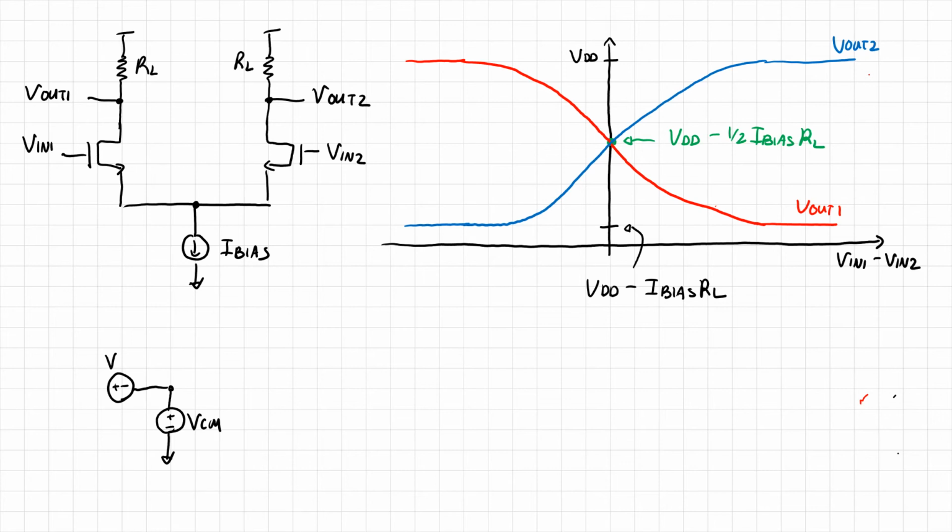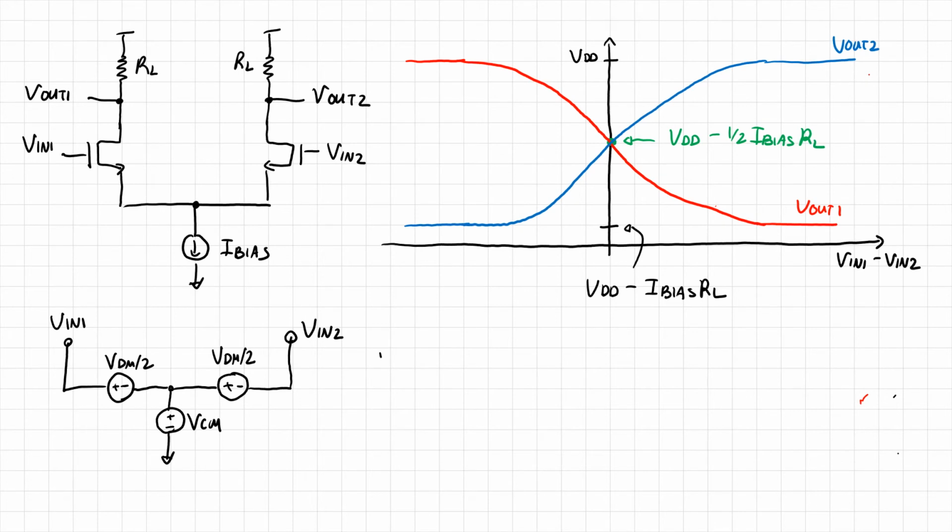So this would be V differential mode over 2, and this creates our Vin1 terminal. Then we have the exact same voltage source. In this case, even the polarity of the label is the same, but its polarity in the circuit is the opposite, and that is Vin2.